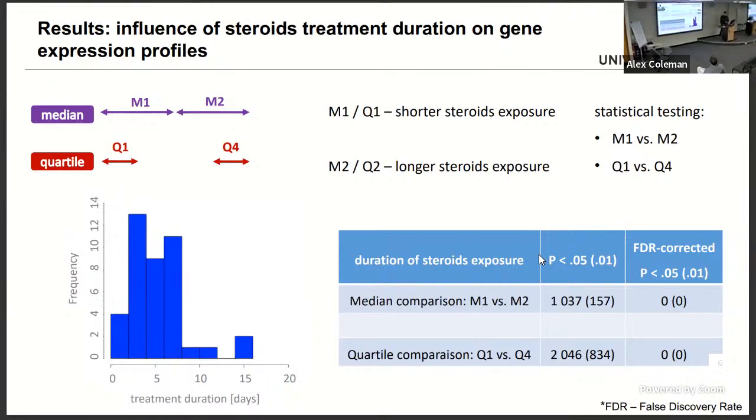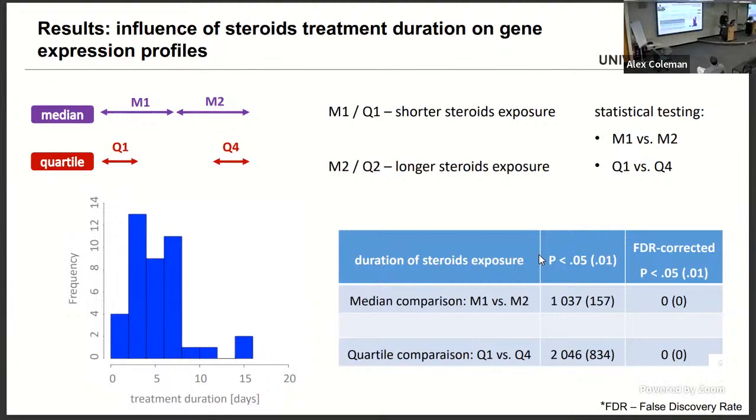To see whether there's a difference in the expression profiles of those on steroids for a short time versus a longer period, I did a statistical testing comparison.